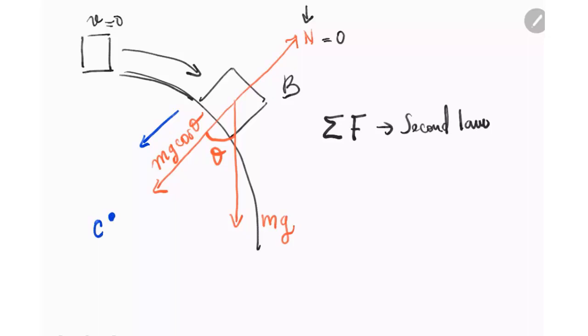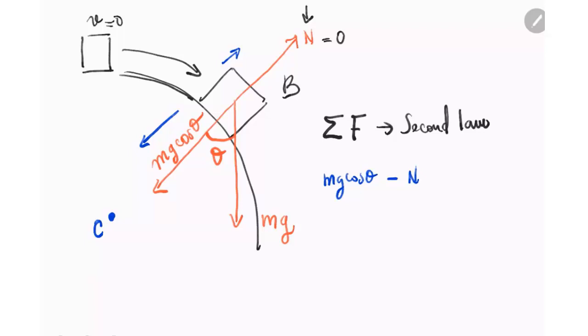This is mg cosine of theta, minus the normal force that is acting in the opposite direction.